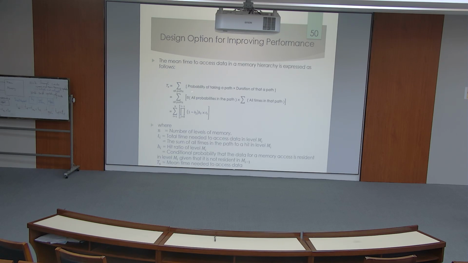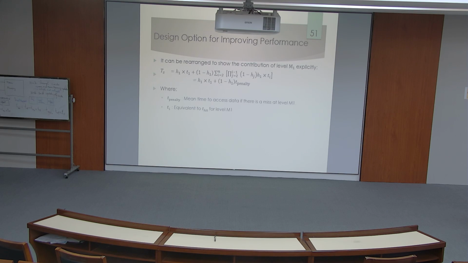Then we have the summation of all the probabilities in the path times the summation of all the times in the path. So what is the probability of the data to be found in this specific memory level, and how long does it take the system to return the data if it is available in the specific memory hierarchy? So this is the mean time to access data in a memory hierarchy.